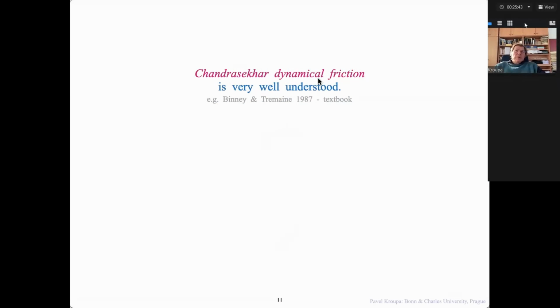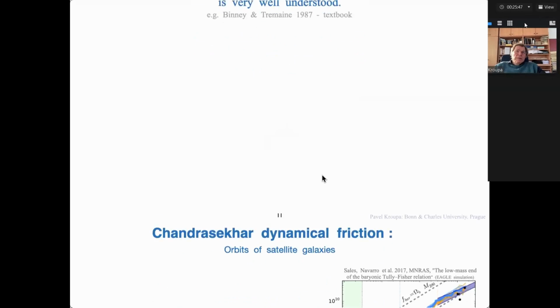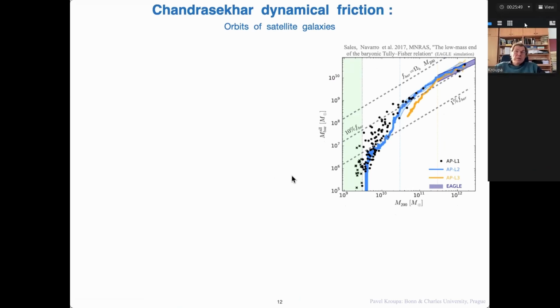And so this dynamical friction is very well understood, and we can apply this now explicitly. Here's just one test which was applied by Angus et al. in the year 2011 already. So we have here from the theory of ΛCDM structure formation, the mass of the galaxy. For example, our Milky Way would be around 10 to the 11, somewhere up here in stars and gas.